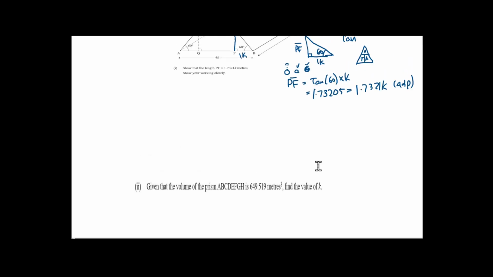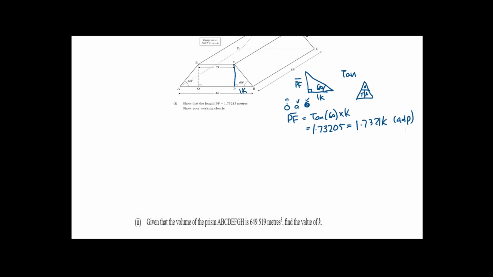Oh, okay. There's two parts. Given that the volume of the prism is 649.15 meters cubed, find the value of K. Okay, so the volume is going to be this area, this face here, times the depth. So this is a trapezium.